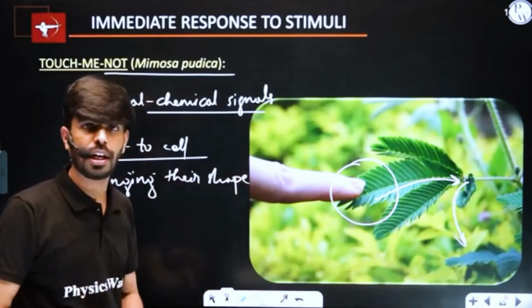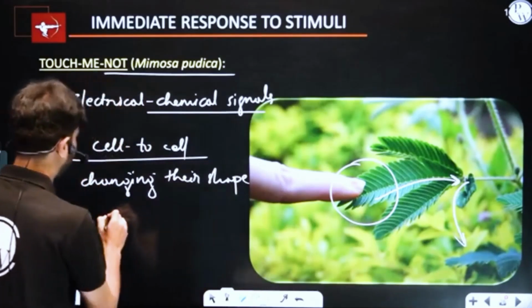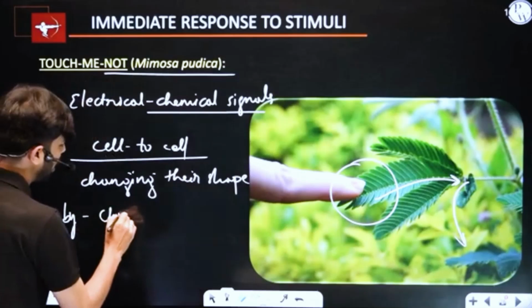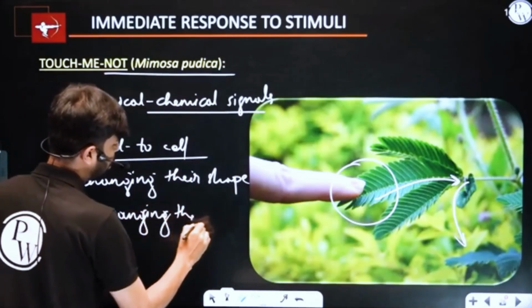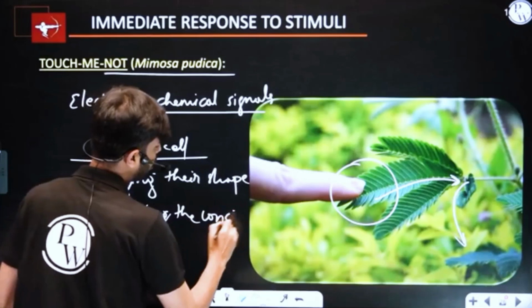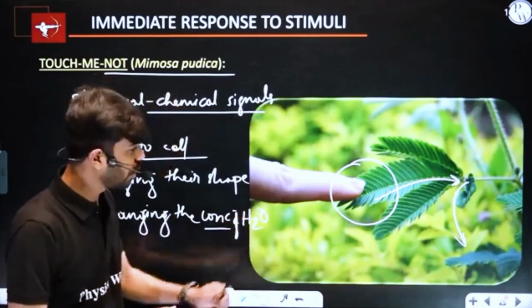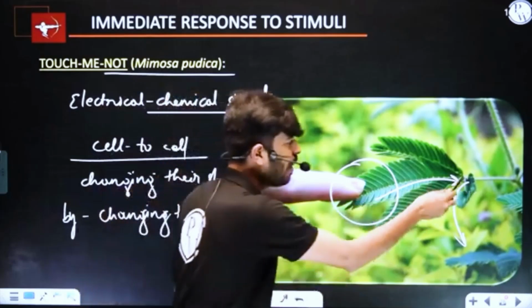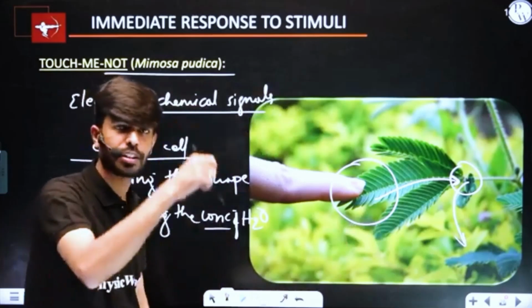There are no proteins here, but they are changing their shape by changing the concentration of water. Understood? Once the water moves to that side and gets accumulated there, it bends downwards.